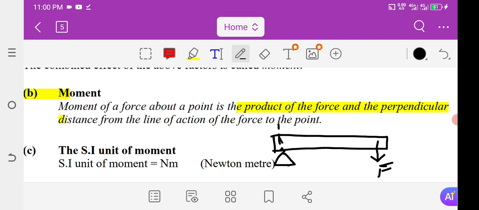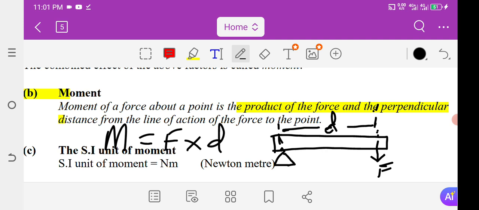So there's a distance D from the turning point to the line of action of the force. So the moment, let's say M, is simply the force applied multiplied by the distance from the pivot.